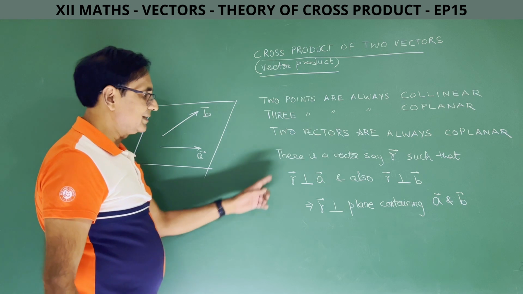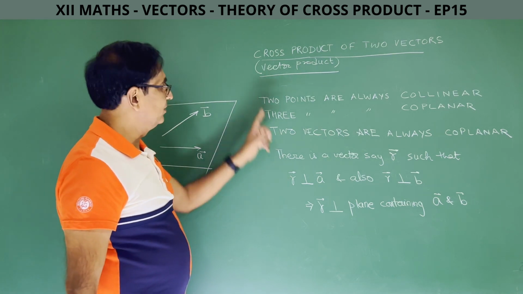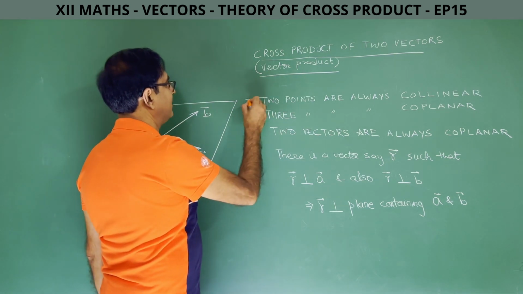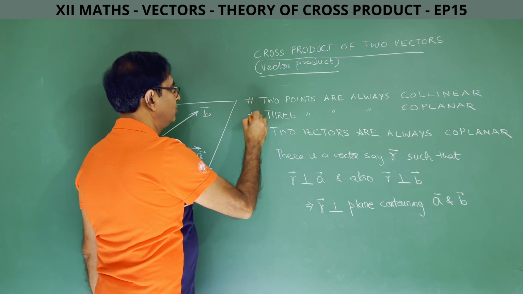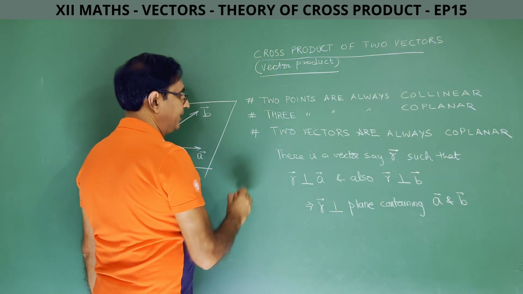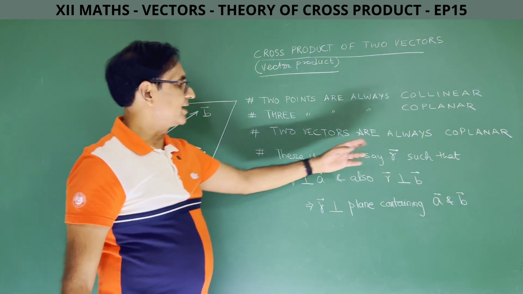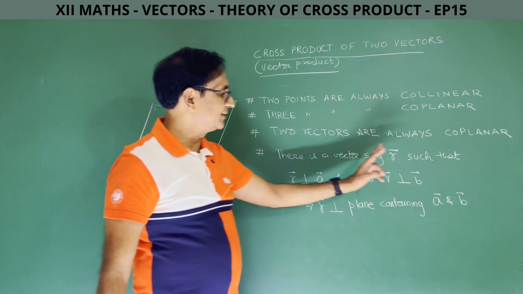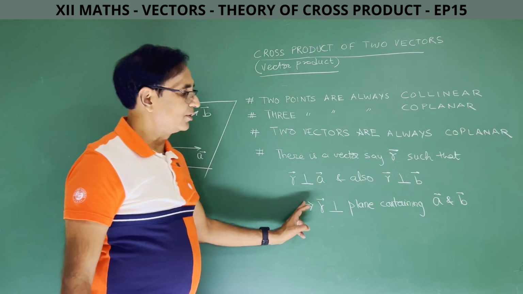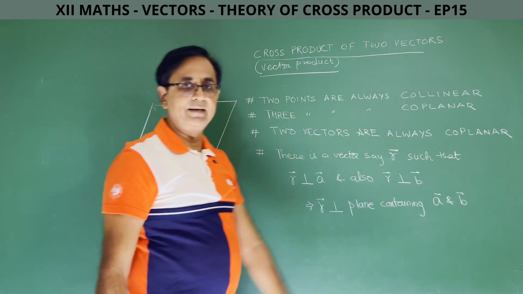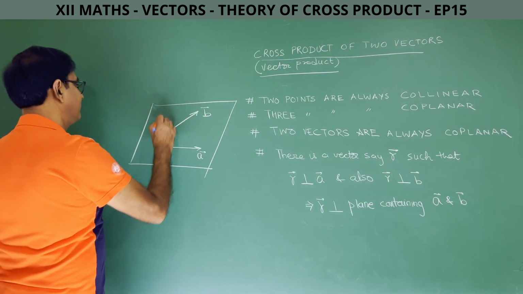So when I say this line, please remember it again. Suppose there is a vector R which is perpendicular to vector A as well as vector B, then it is automatically perpendicular to the plane containing A and B. So that will be this vector.